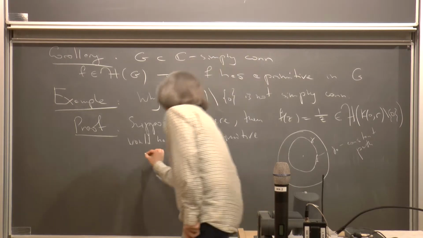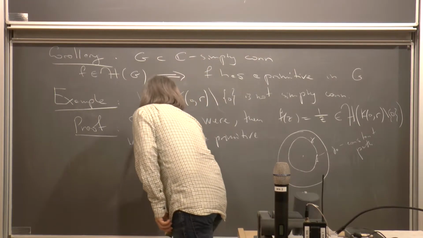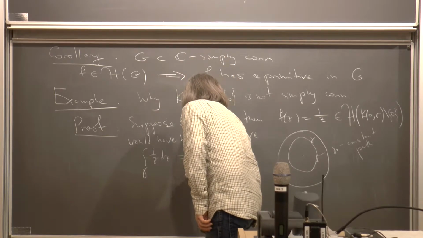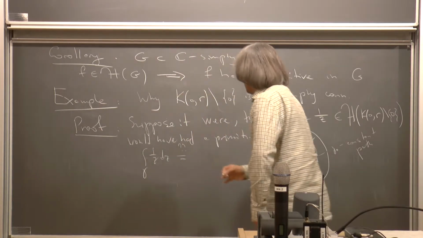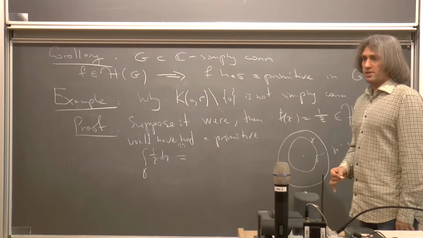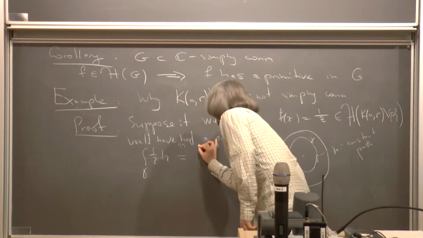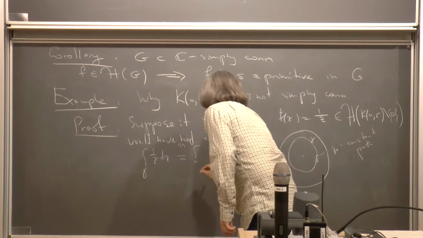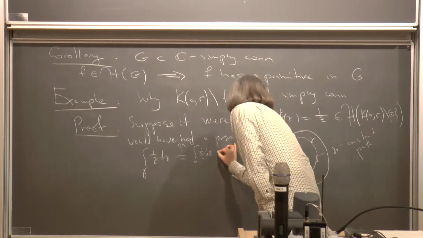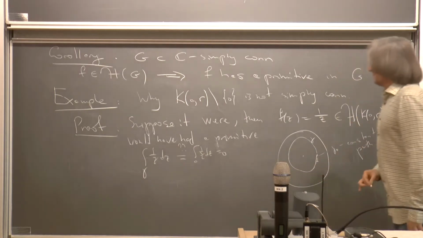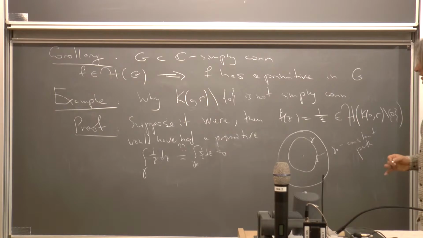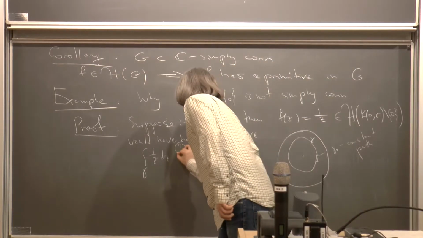So the integral over gamma of 1 over z dz would be equal to the integral over the constant path, which is certainly 0, and this would be 0. Sorry, gamma 0. But this is simply wrong.